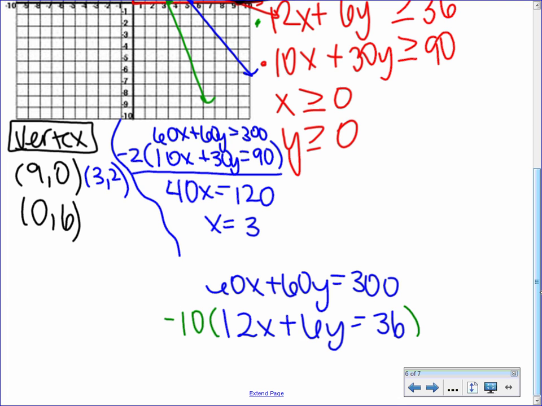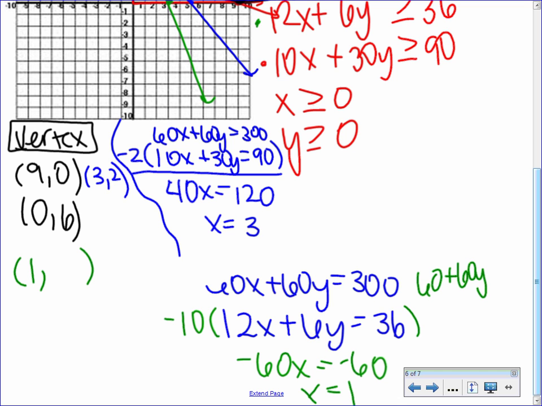Let's do -10. What is 60 plus -120? -60. 60 plus -60 goes away, and 300 plus -360. So x is what? Which makes y what? This is 60 plus 60y equals 300, which means y is what? 4. So there are your 4 vertex points.